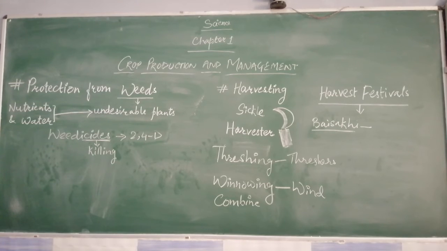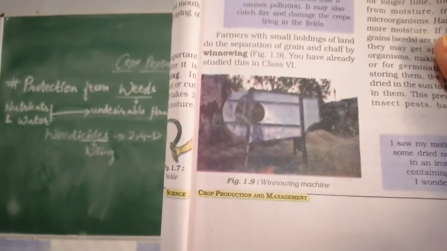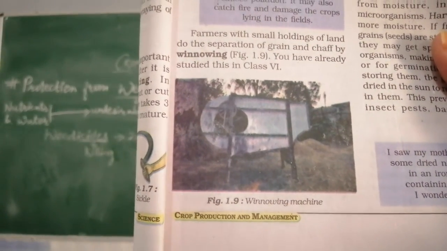So we are again separating the grains from chaff with the help of wind, and this method is known as winnowing. There is one more machine which is given to you in figure 1.9, that is the winnowing machine. You can see the diagram of the winnowing machine.